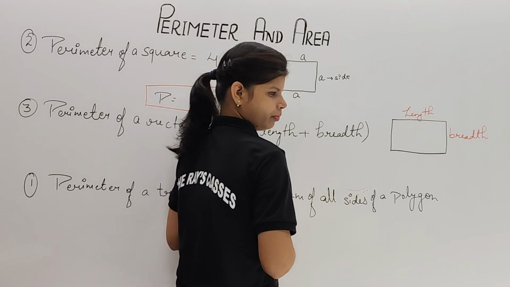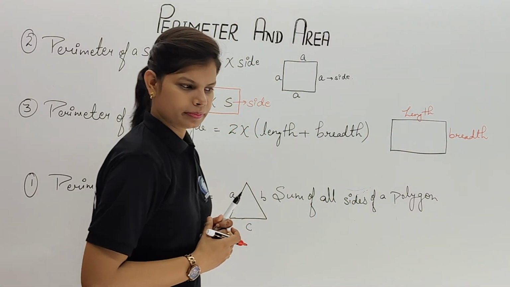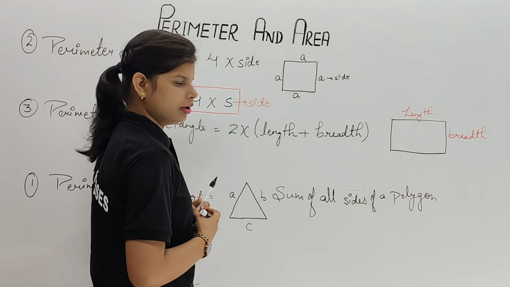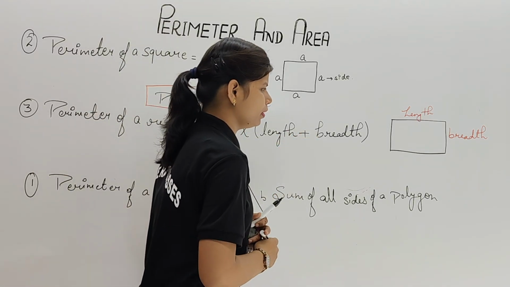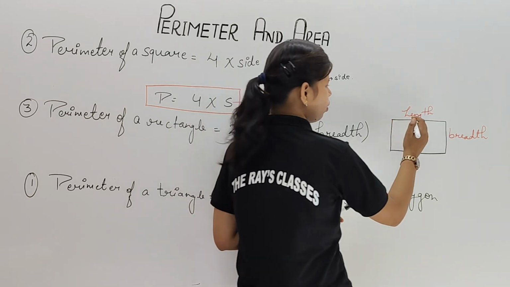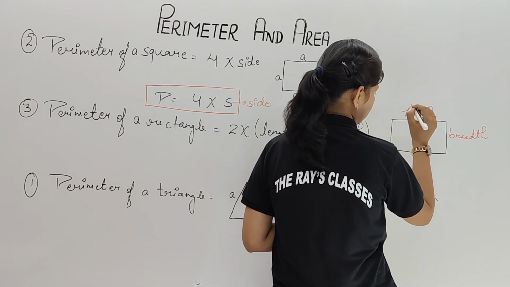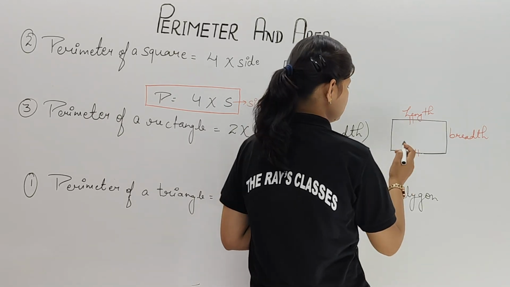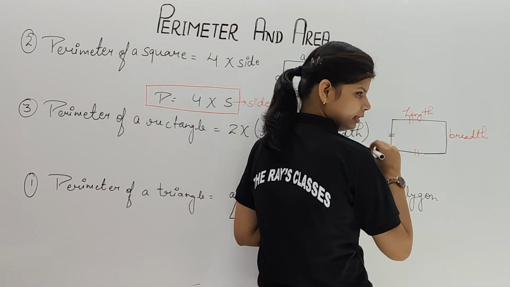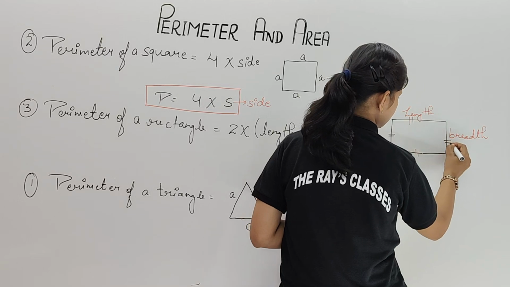Clear, no? Understood from this figure? Next, when we have to write the formula, you can see in this type of figure this side of length will be equal to this side, and this side of breadth will be equal to this side.